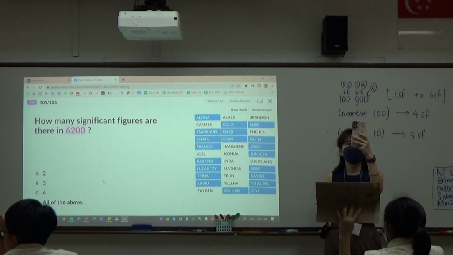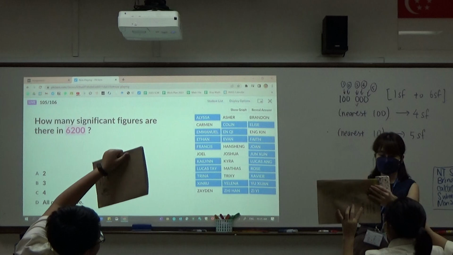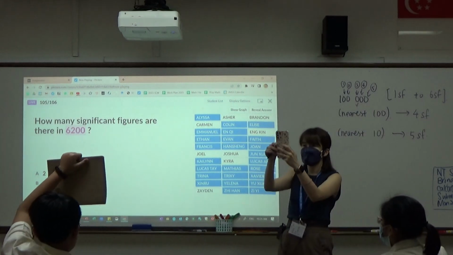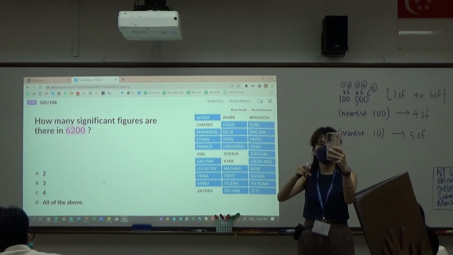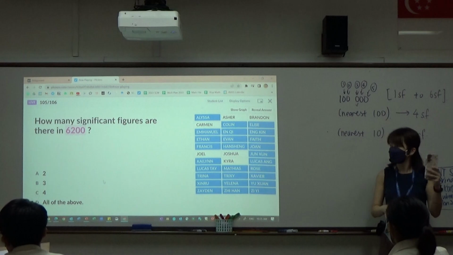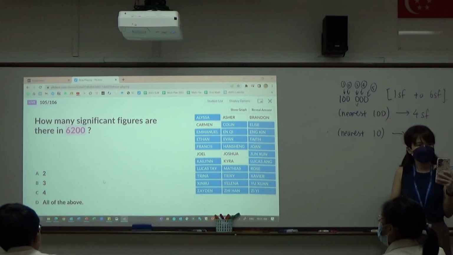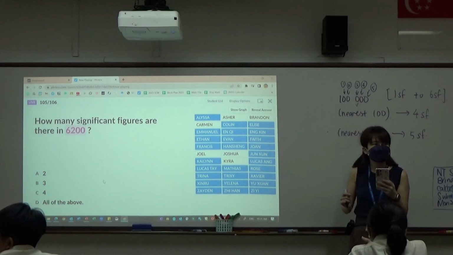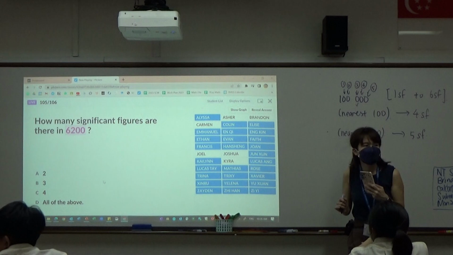All of the above, that means it can be 2 significant figures, can be 3, can also be 4. These options are there. Okay, any more? Joshua? Can't decide? Need more time?